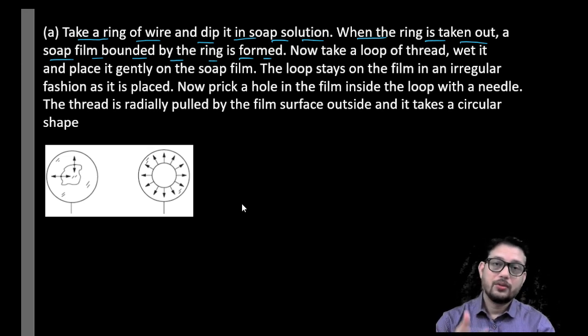Now take a loop of thread, a very light thread, wet it, and place it gently on the soap film.